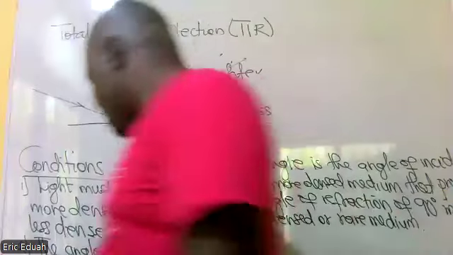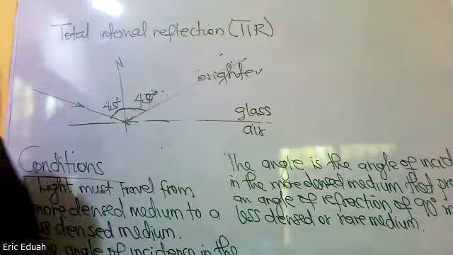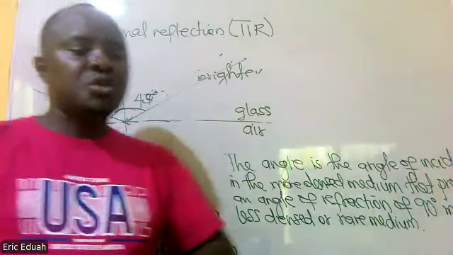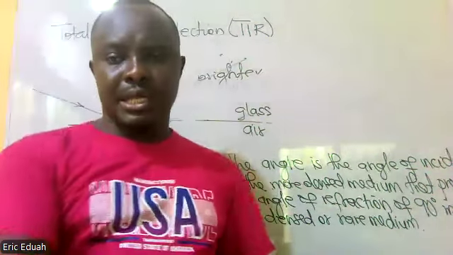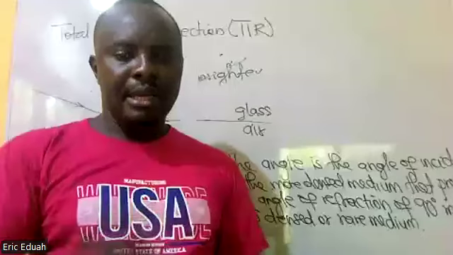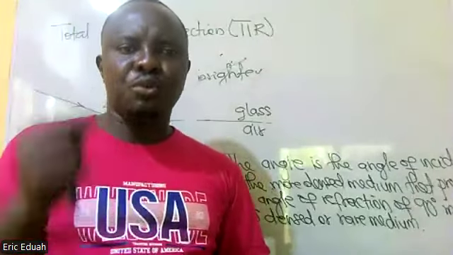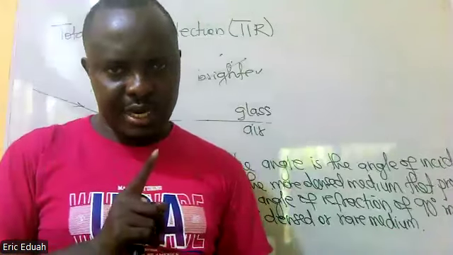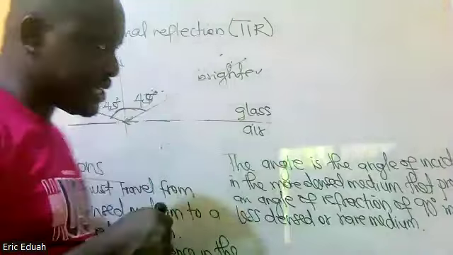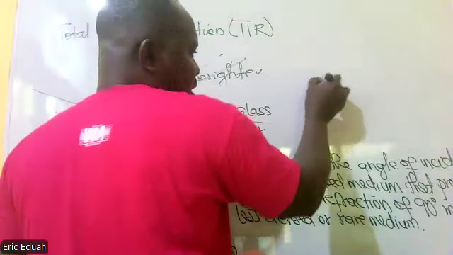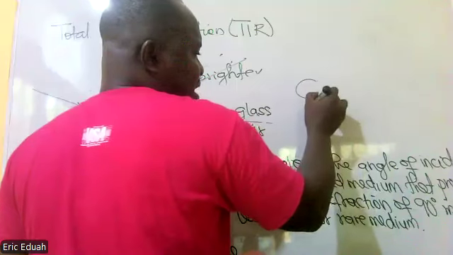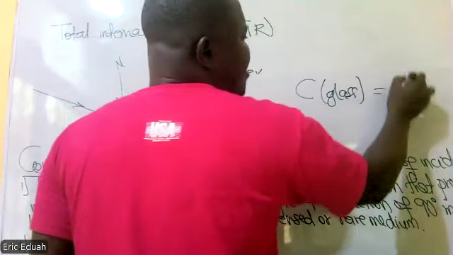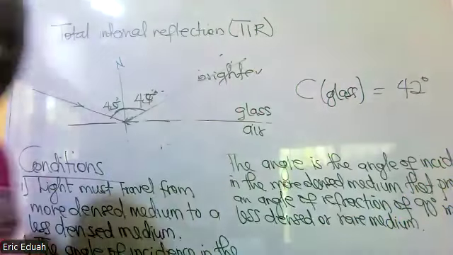All right. So different materials have their own critical angles. So if you want total internal reflection to occur, then the prerequisite is that you must know the critical angle of that particular material. Glass, for instance, the critical angle of glass is around 42 degrees.